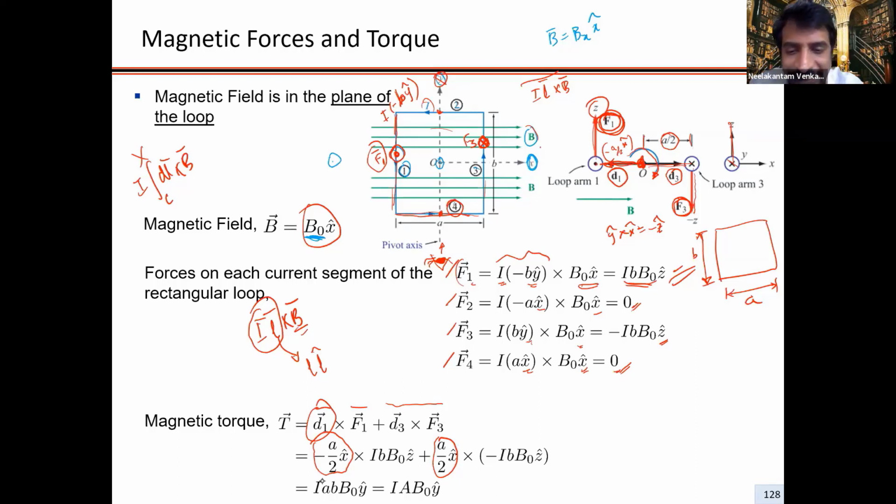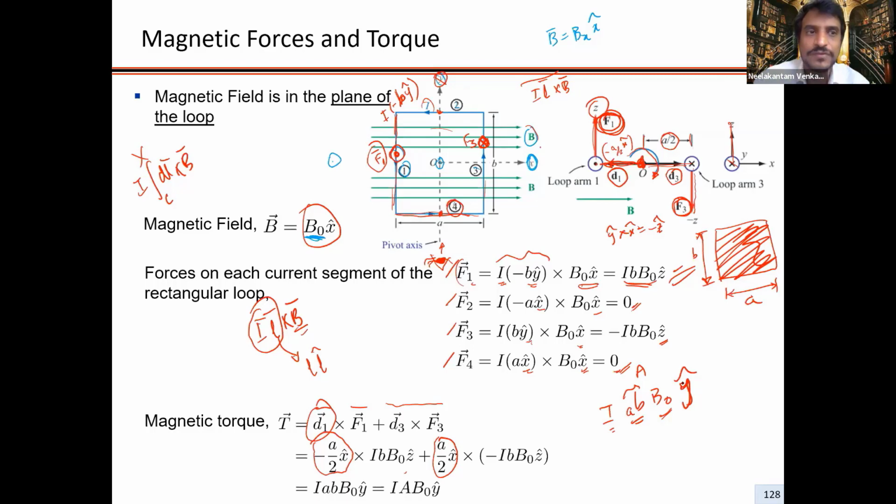So when you add it up, you get I a b B naught in the y hat direction. What do you observe? a times b is the area of this loop, the capital A. B naught is the magnetic field, I is the current, and y hat is the direction of torque.